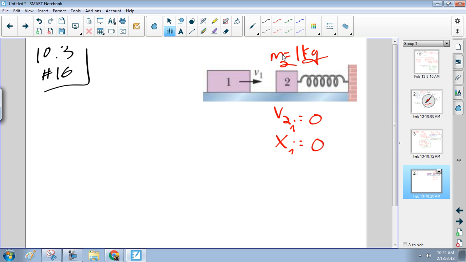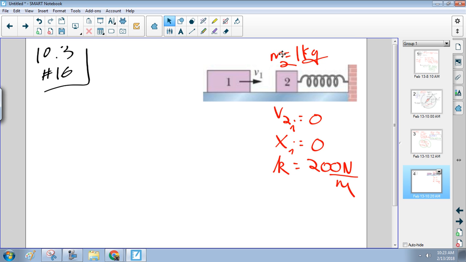We know our spring constant is 200 newtons per meter. What else do we know? The other end of the fixed spring is attached to a wall. Cool. Block 1 has a mass of 2 kilograms. That's confusing. Mass 1 is 2 and mass 2 is 1.